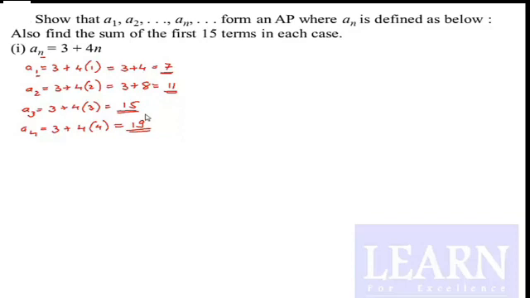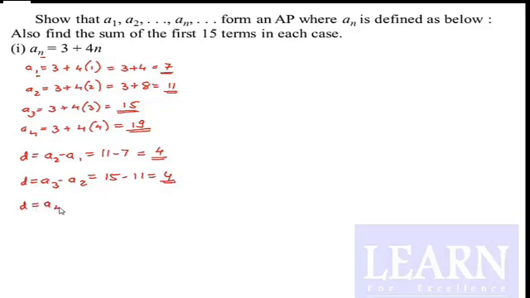Now we need to check whether it is in AP or not. How to check? By using the difference. D equals A2 minus A1, which is 11 minus 7, which is 4. Next, another difference, A3 minus A2, 15 minus 11, is again 4. Check another difference.